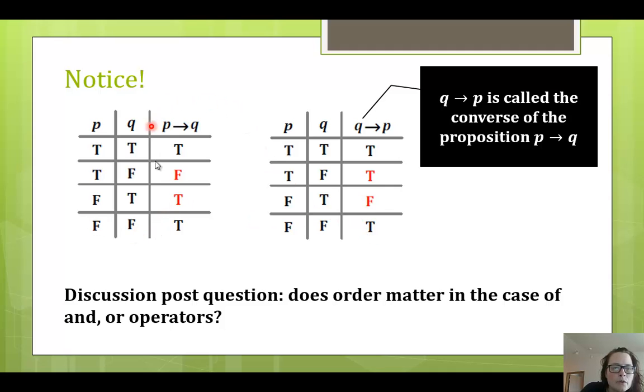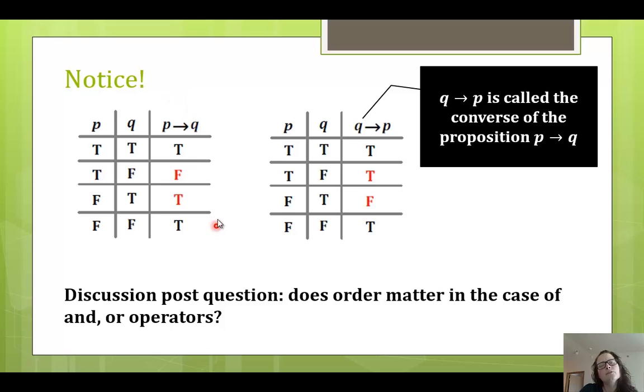Okay, so notice how we get different truth values here. So we know these are not logically equivalent. And in the next little segment of this stuff, we're going to see what it looks like when they are logically equivalent with truth tables.